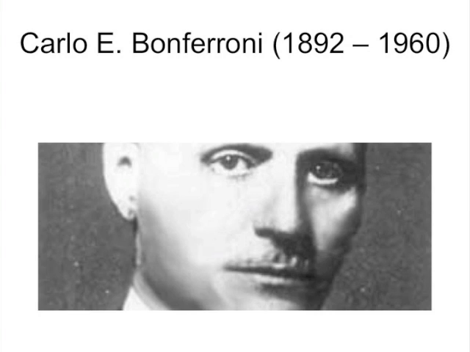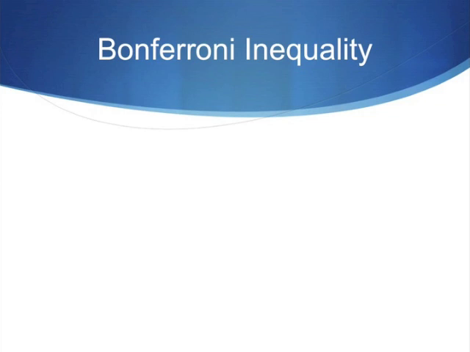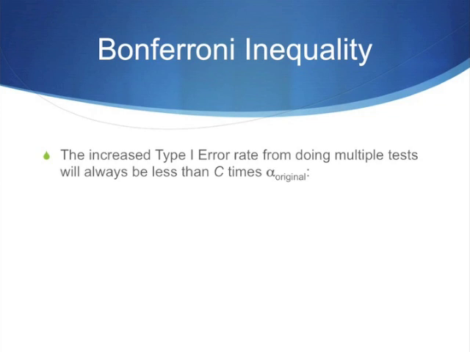Here is the picture of the Bonferroni inequality. The increase of the type 1 error rate from doing multiple tests will always be less than the number of tests we do times the original alpha level.